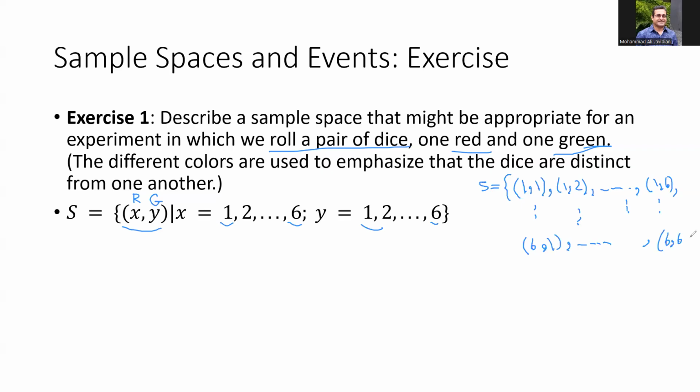In all cases, the first element shows the value for the red one, and the second element shows the value for the green one. So as you can see, in this case the cardinality of S is 6 times 6, which is 36.